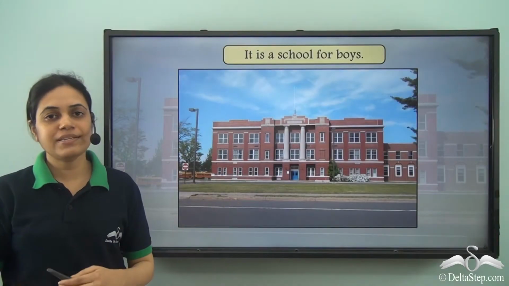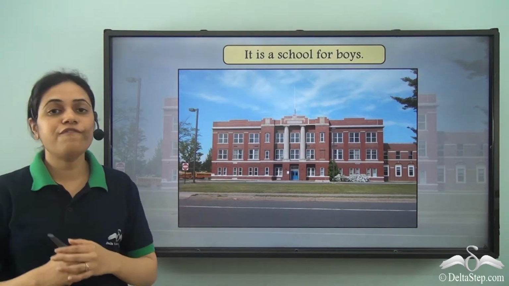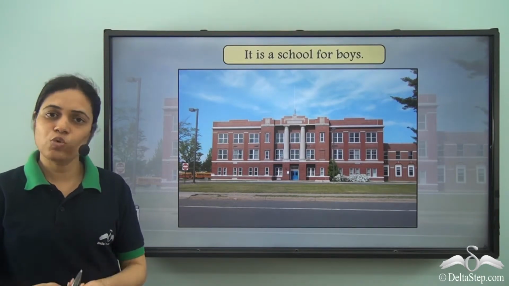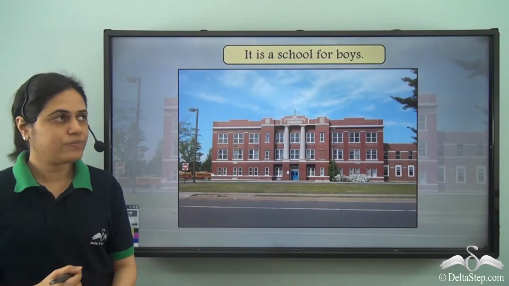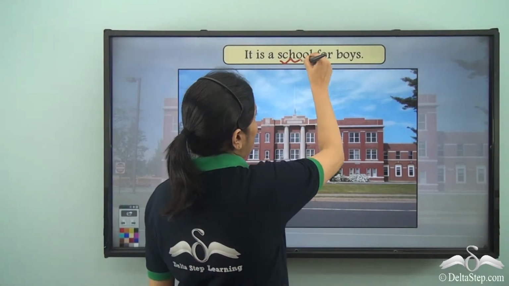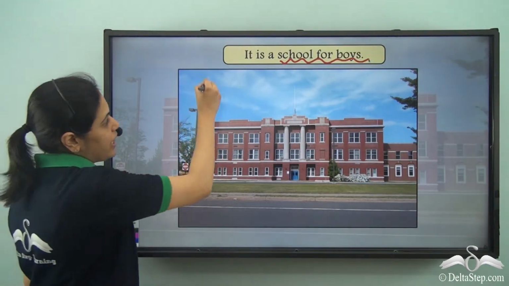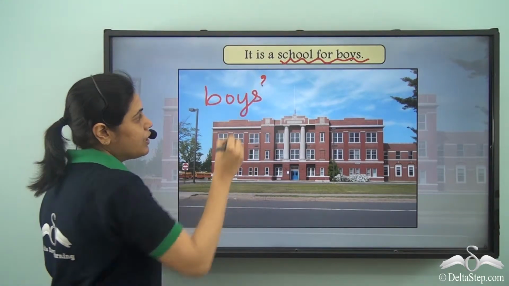So can you rewrite the sentence using an apostrophe? It is a school for boys. Now there is no "of" over here, but school for boys means it is a school where boys study. So school for boys can be rewritten using apostrophe. So I can write it as boys and then apostrophe.